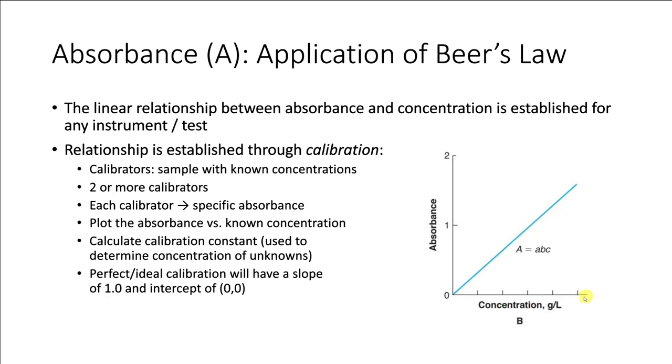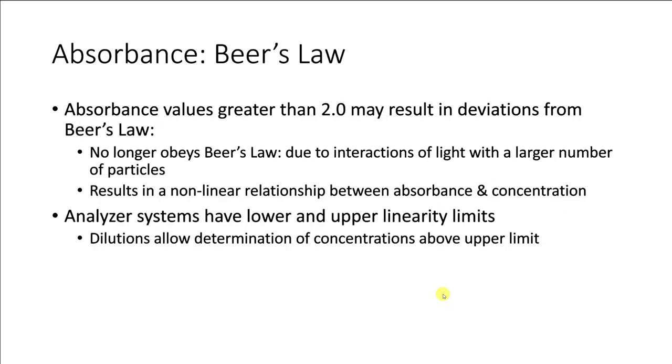In a really perfect, non-physical world, where we are just dealing with pure math and no nonsense that happens from living in reality, a perfect and ideal calibration will have a slope of exactly 1 and an intercept of exactly 0. But real life doesn't really work that way.